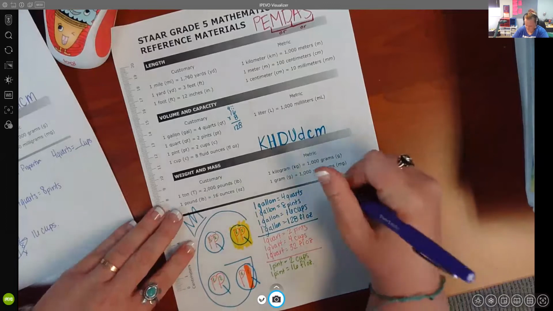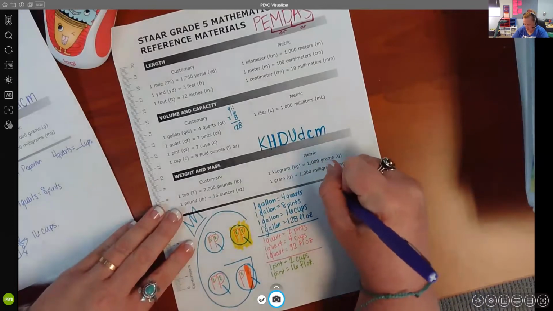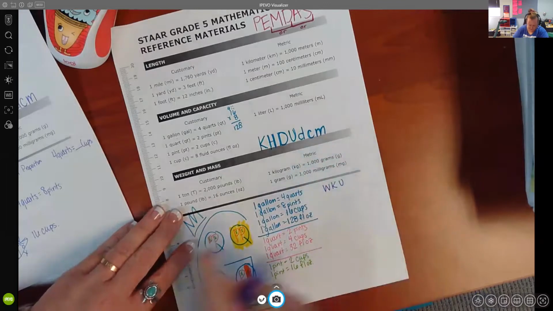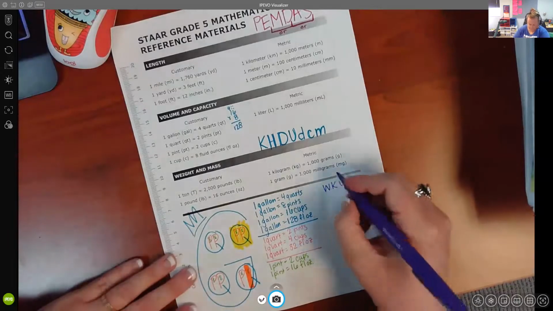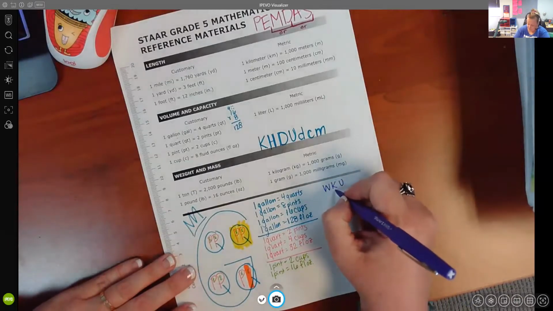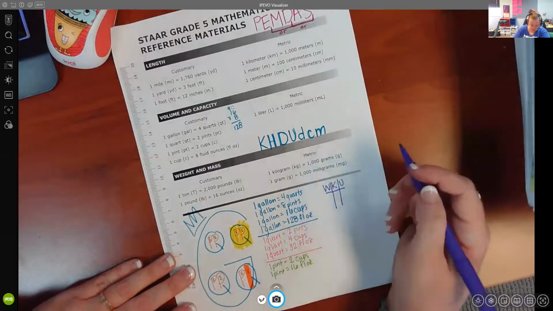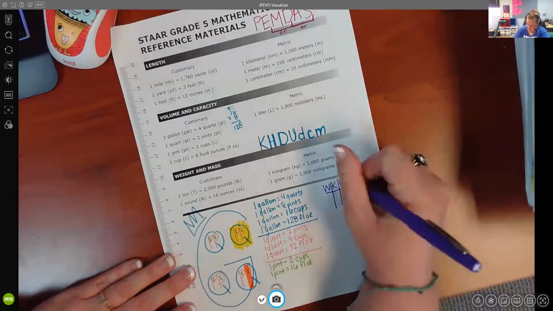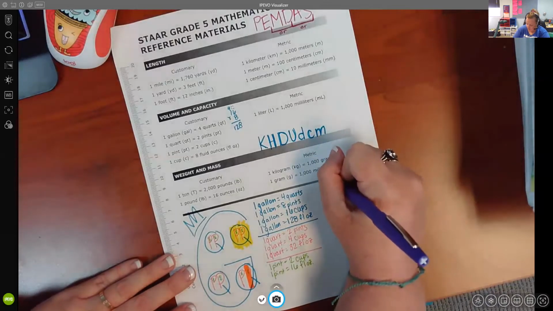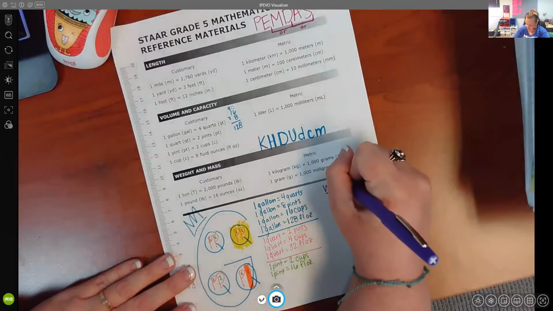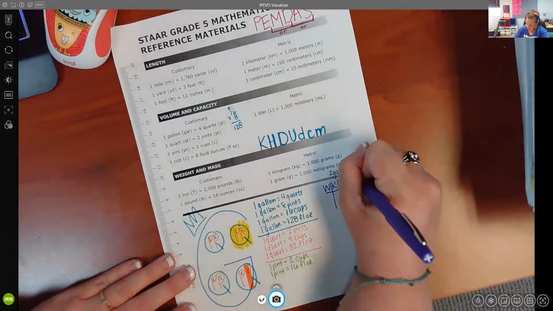So if I want to have my WKU, these are the words. This is the known ratio. And then this is the unknown. So if I wanted to do, let's see, 2 gallons equals blank cups.